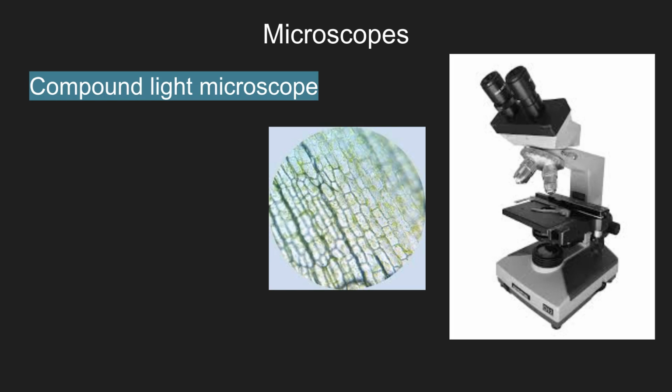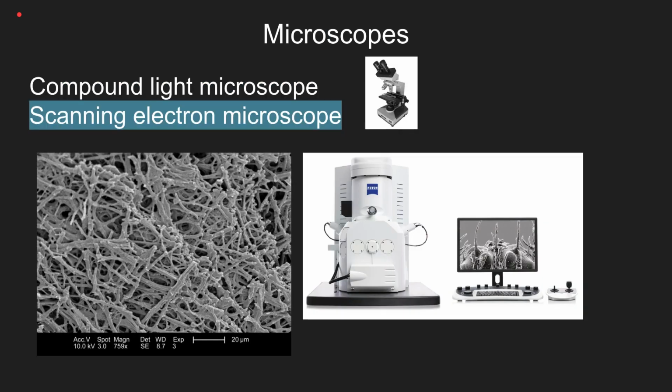So in order to see these things, we need to use microscopes. This is a picture of a compound light microscope looking at some cells, which you guys should have some experience with now from lab. The next kind of microscope is this scanning electron microscope, which actually uses electrons to be able to visualize things much smaller than you would be able to see just using visible light.